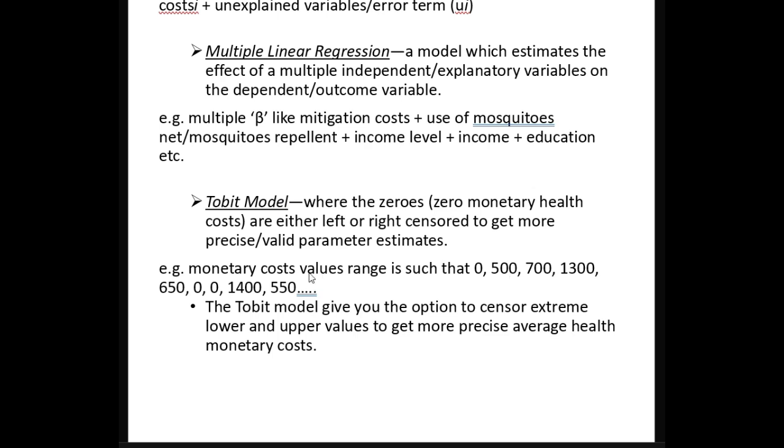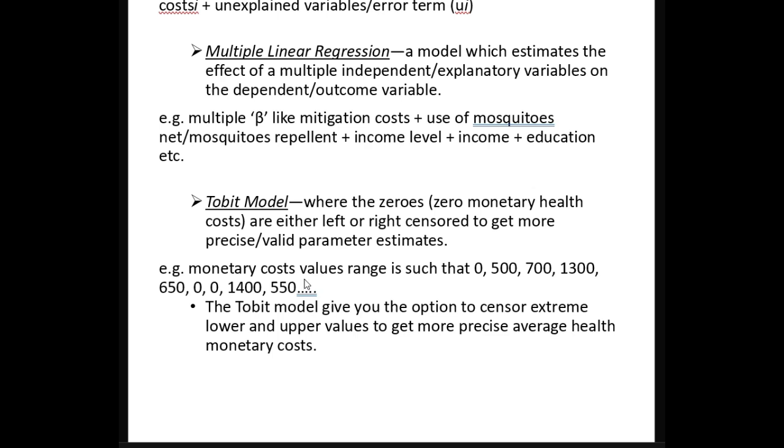Like if you have a lot of zeros, with monetary cost values such as 0, 500, 700, 1300, 650, 0, 0, 1400, 550, etc. There will be hundreds of values. So if there are a lot of zeros, then you can do left censoring, meaning censor the zeros, and then you will get a more efficient beta estimate.